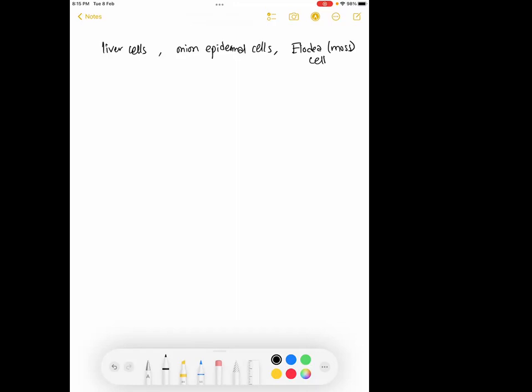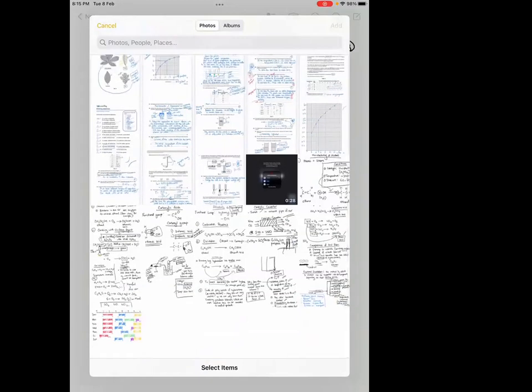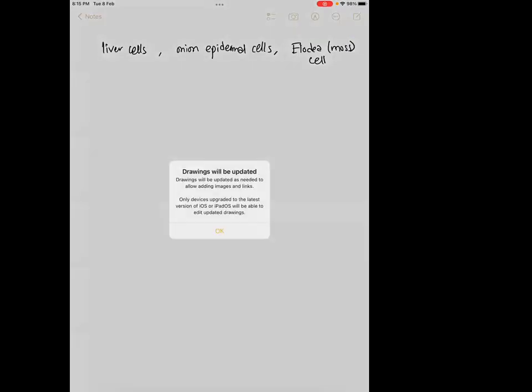Okay, so let's start with, I think, liver cells. Okay, these are the liver cells.